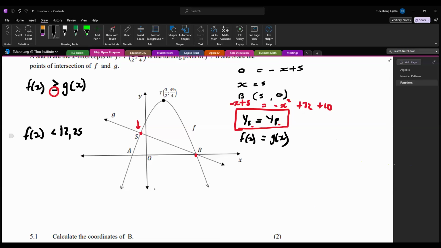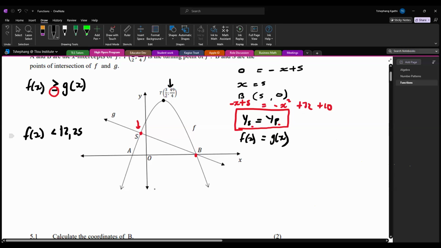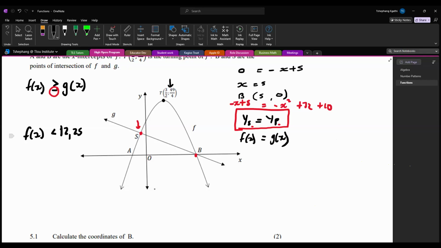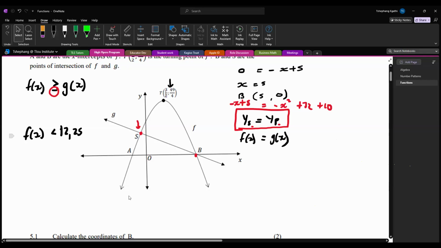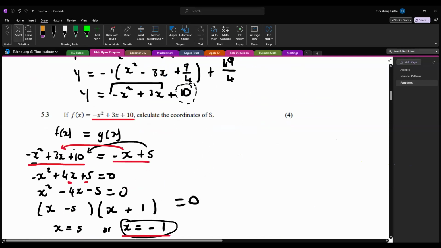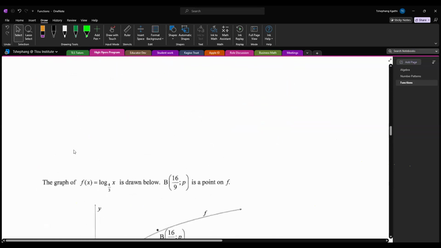Now, what do we know about 12.25? Remember that this answer here, that is the 12.25. If you say 49 divided by 4, that gives you 12.25. We're not done answering our question. They want the values of x where f of x is less than 12.25. Now let's give them that.